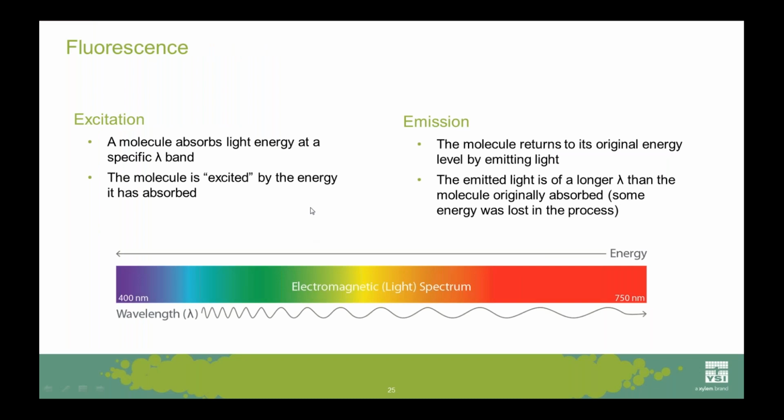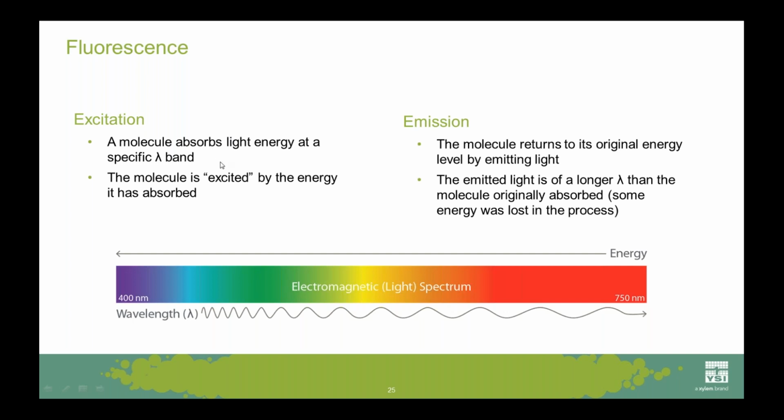So let's go back to school and remind ourselves that a fluorescent molecule is one that can absorb light. We term that excitation, and it emits light, which we call emission. The electromagnetic spectrum is shown here to remind you that shorter wavelengths of light on the blue end of the visible spectrum have more energy than longer wavelengths of light, which are on the red end of the spectrum. So when a fluorescent molecule absorbs light energy, we say that it's excited.